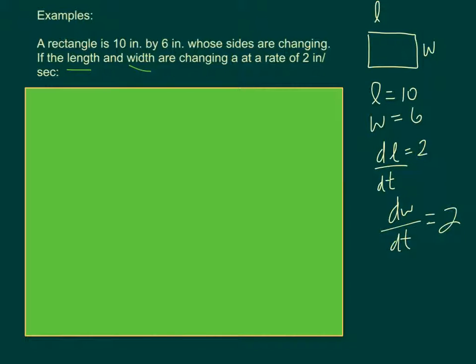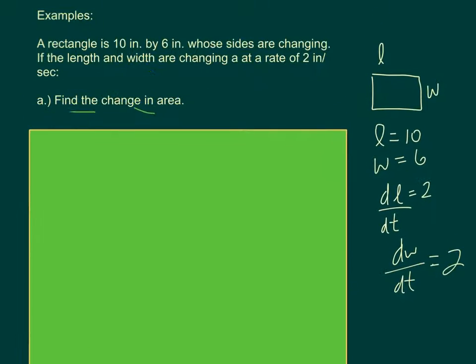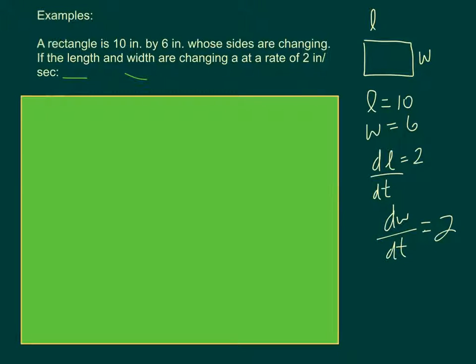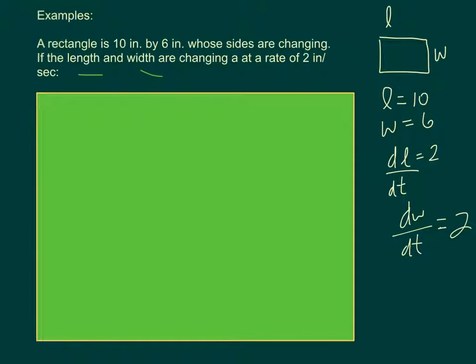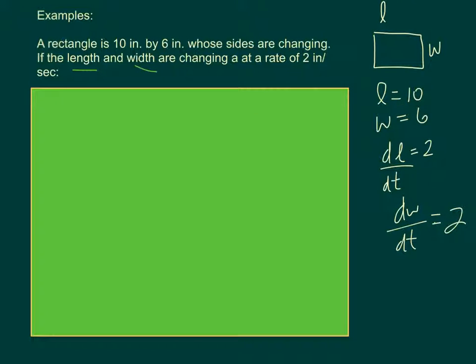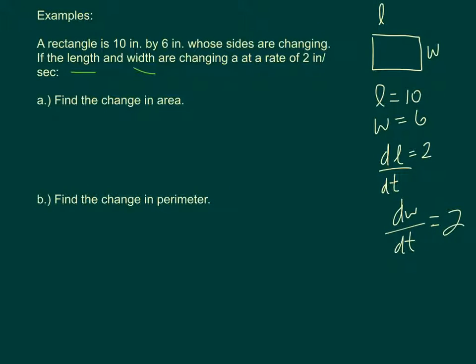Okay, now let's see what they're asking for. They want us to find the change in area. So we've got to come up with an equation. Well, what's our area equation of a rectangle? Area is equal to length times width on a rectangle.